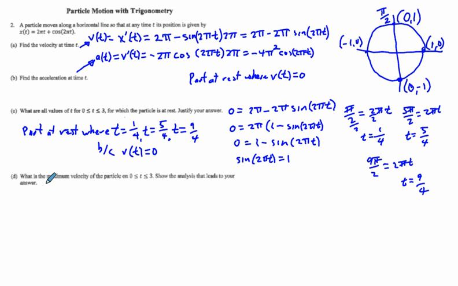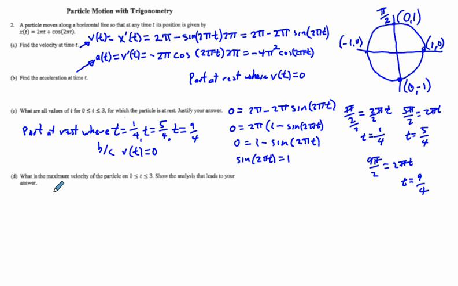Okay, the next one, what is the maximum velocity of the particle between 0 and 3? Show the analysis that leads to your answer. Well, to find the maximum velocity, we're going to have to find the critical points for velocity. And how do we find that? Well, we're going to have to use acceleration.